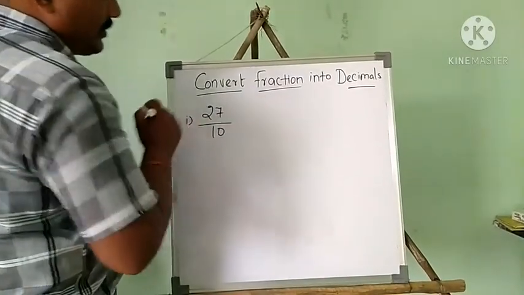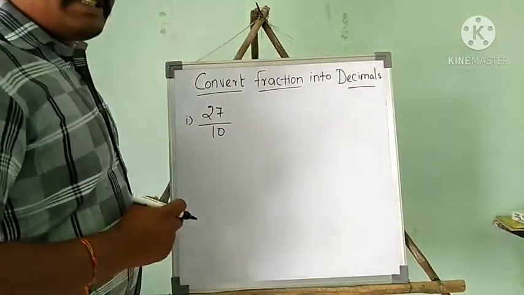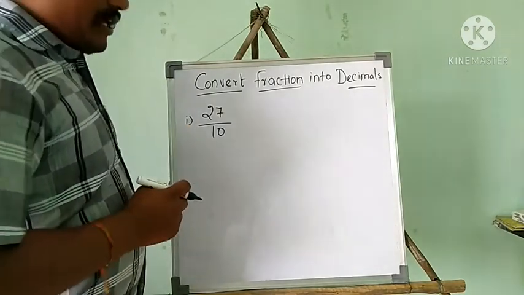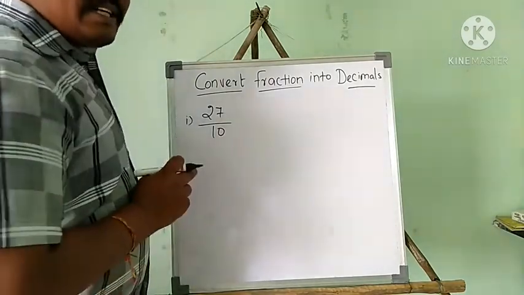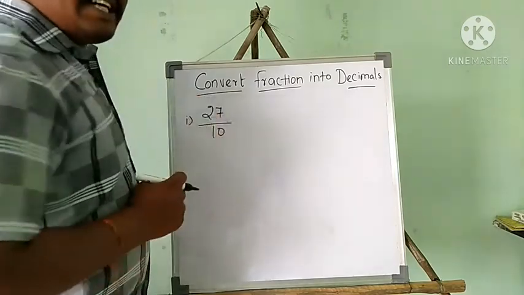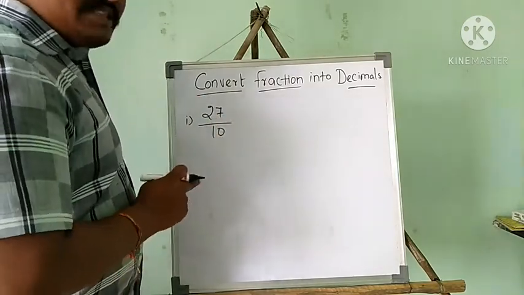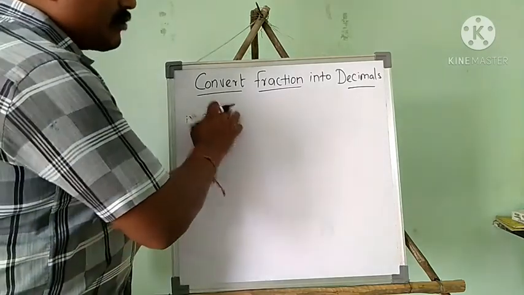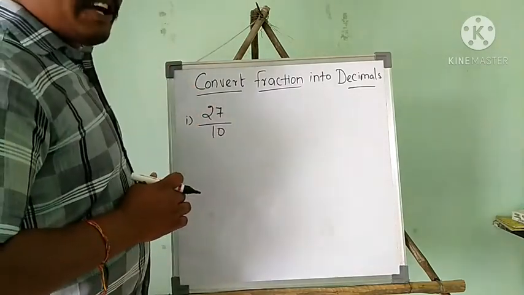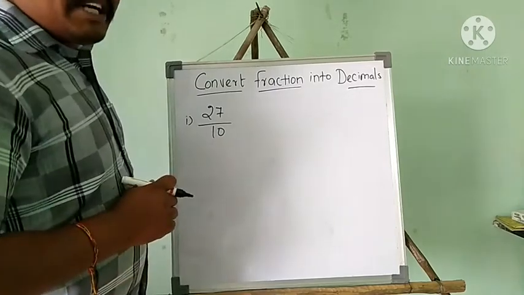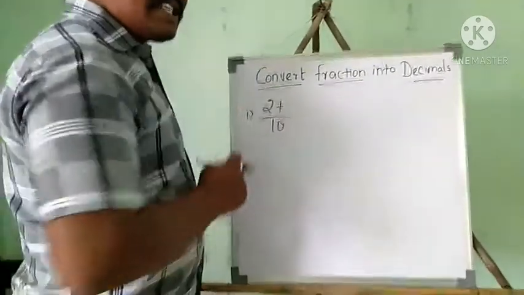Example 1 is a decimal fraction, but it is also an improper fraction, because 10 is the denominator and 27 is the numerator. I told you a proper fraction means the denominator is big and the numerator is small. But here the denominator is small and the numerator is big.